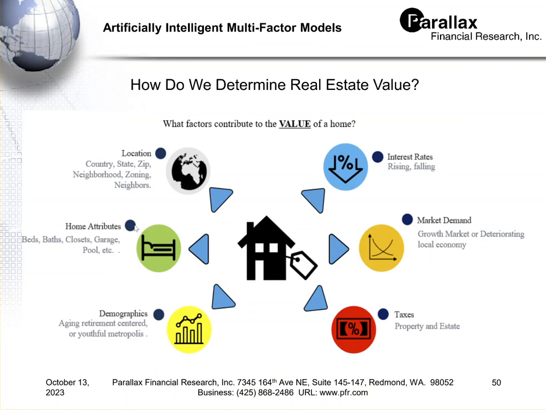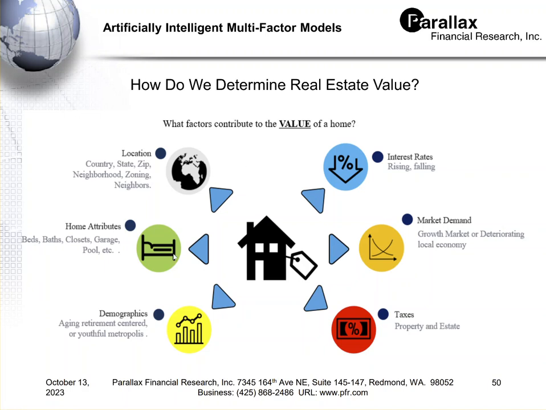And I laughingly call this our Zillow for stocks model, because Zillow does sort of the same thing. Here's a real estate value problem. If you want to figure out what the price of your house is, you're going to look at lots of factors. Where is it located? What's your zip code? Home attributes, closets, garage, pool, demographics, taxes, market demand, interest rates.